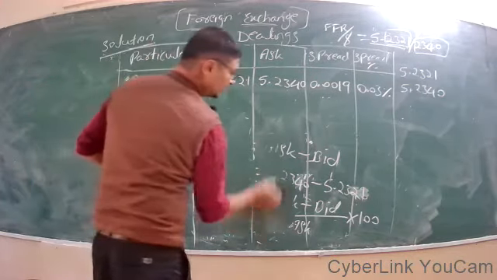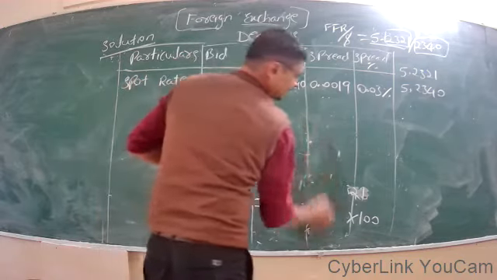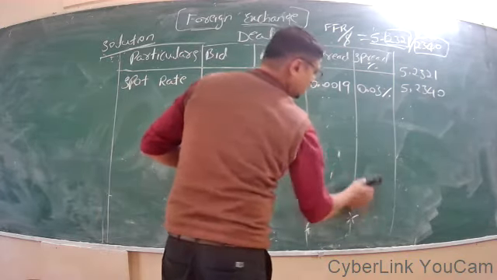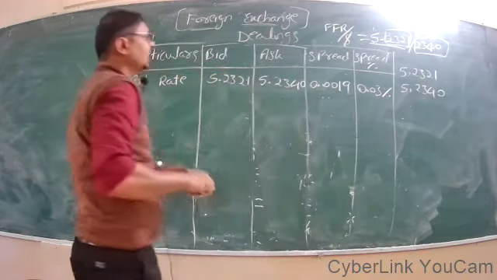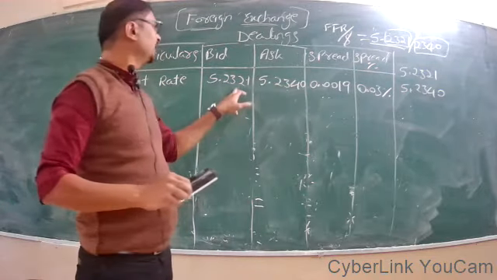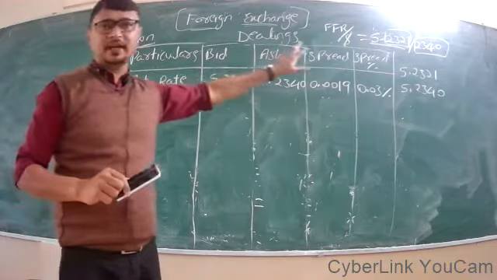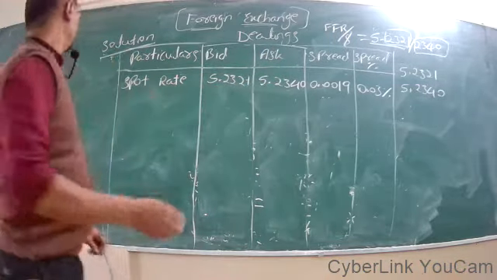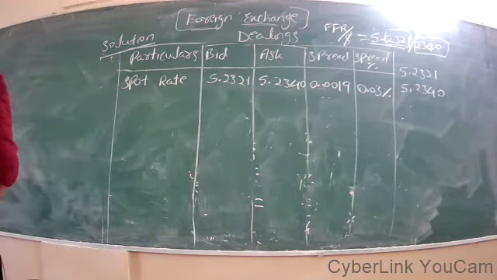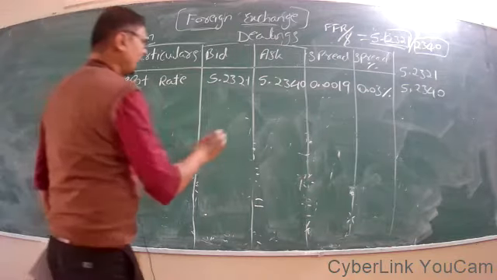So first you need to calculate spread and spread percentage. To calculate spread, the formula is ask minus bid, and spread percentage is ask minus bid divided by ask price multiplied by 100.